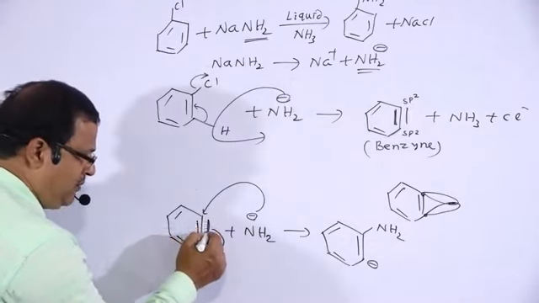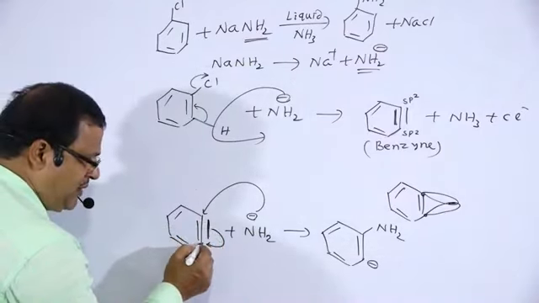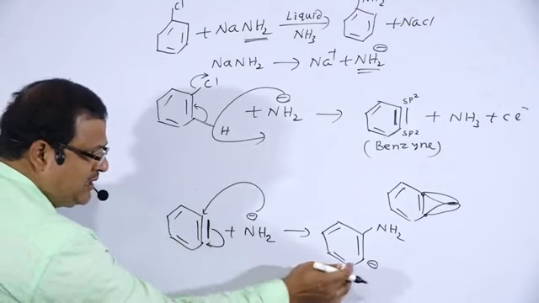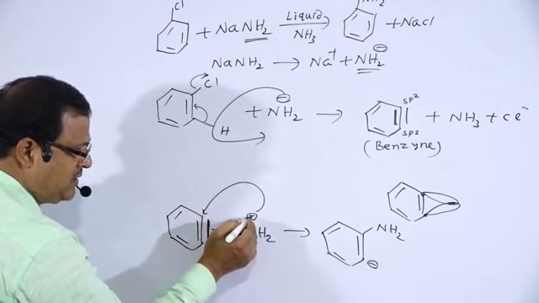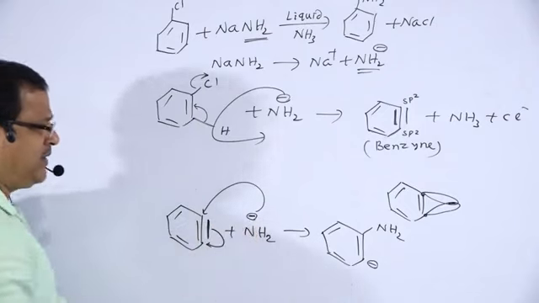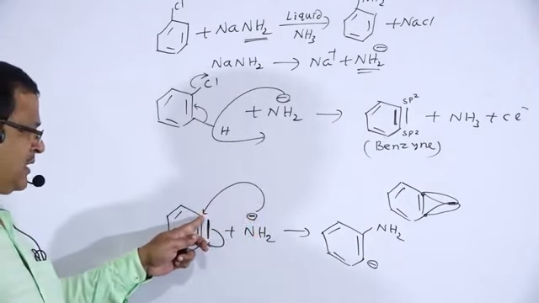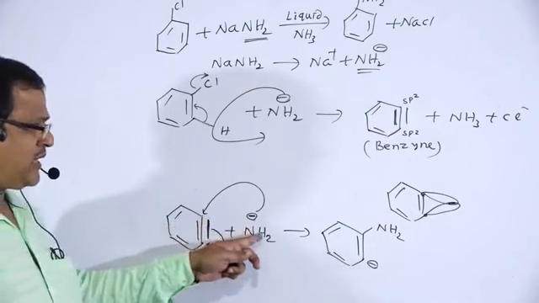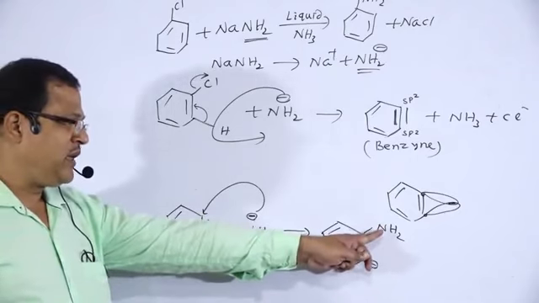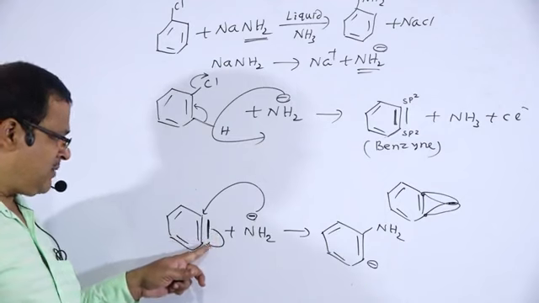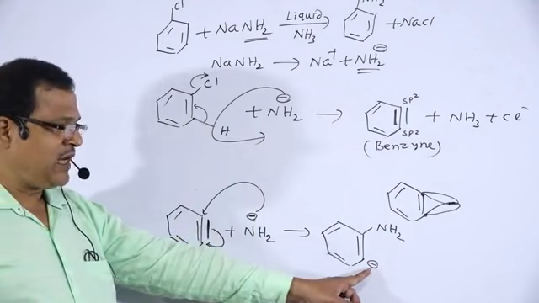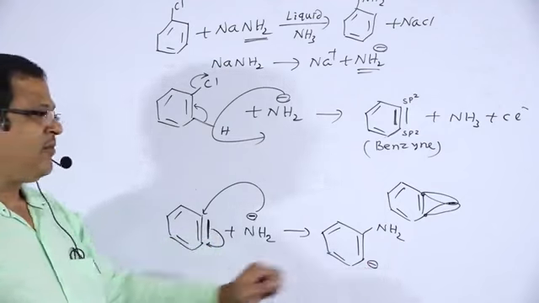This bond pair of electrons is shifted to this carbon atom, meaning that it acquires negative charge. NH2 minus, along with that negative charge, attaches to this one. There is the linkage of a carbon to NH2 bond. This bond is shifted to this carbon atom, which acquires negative charge.